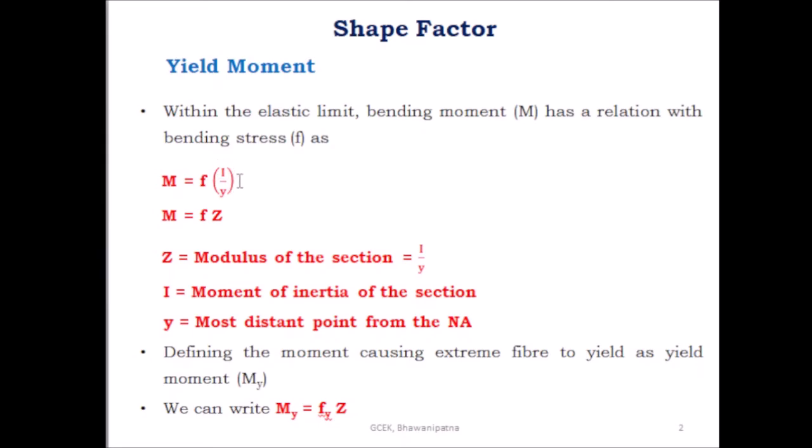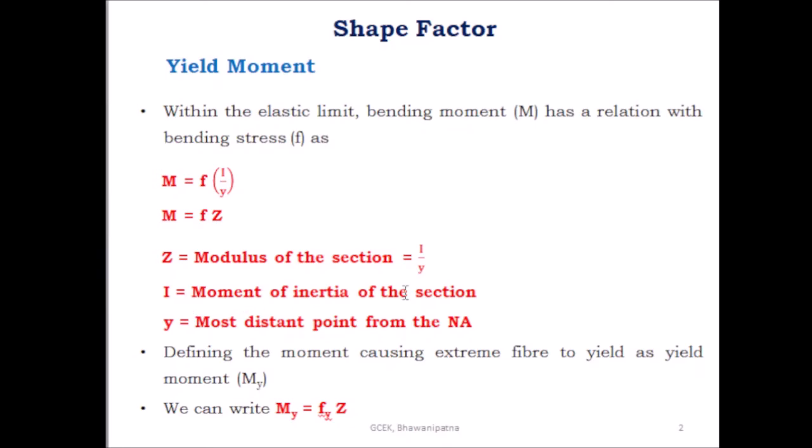This I by y is called the section modulus. So we can write the expression M is equal to f into Z. Z is the section modulus, equal to the moment of inertia divided by the most distant point from the neutral axis, Z is equal to I by y.